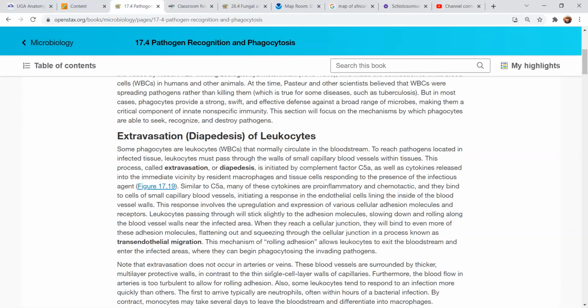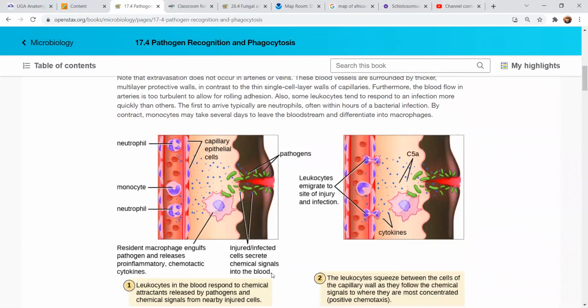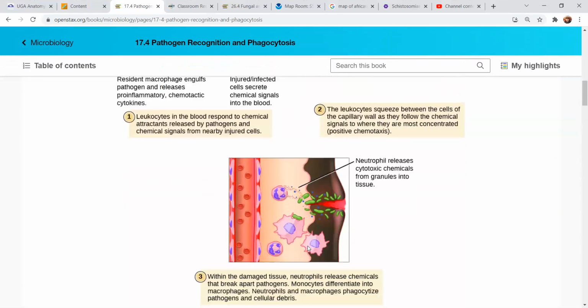It only is going to occur in the endothelial cells, which, when we talk about capillaries, are only composed of endothelial cells. So they're very thin walled. And so here's kind of an example of those leukocytes being able to squeeze out and get to that site of invasion.